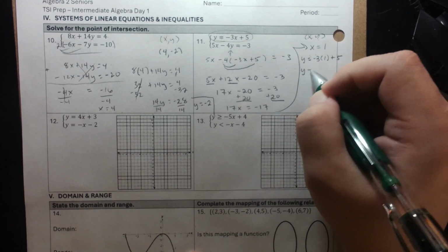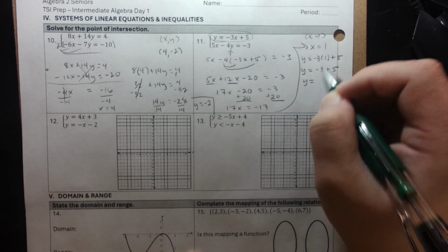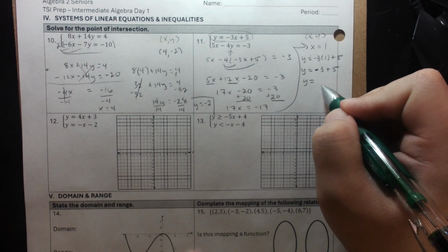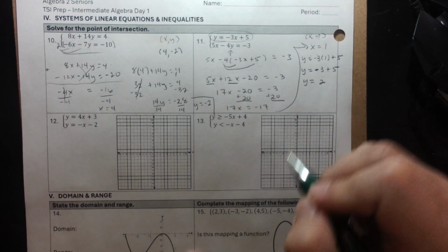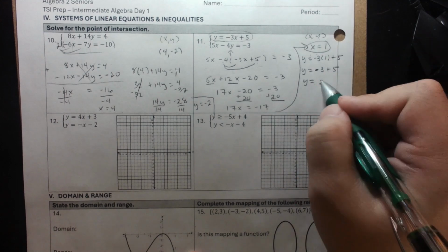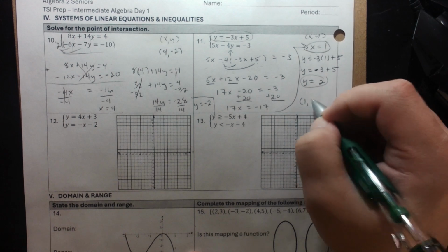So y equals negative 3 plus 5. Let's make this look nicer. Negative 3 plus 5, that is positive 2. So we have x equals 1, y equals 2. So your answer should be in the form 1 comma 2.